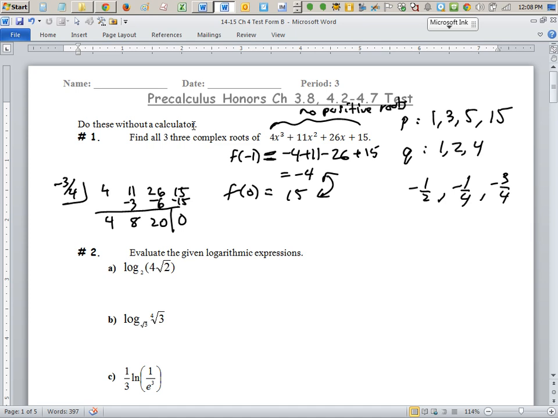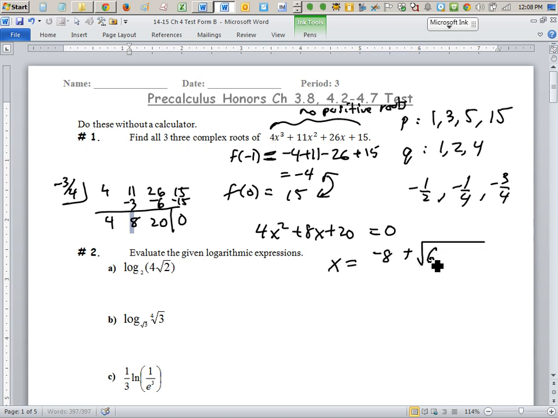Now that you have that, you could just think of it as 4x squared plus 8x plus 20, and you can do the quadratic formula from there. X equals -8 plus or minus square root of 64 minus 4 times 80, all over 8.